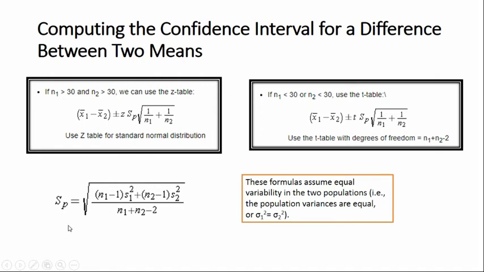Pooled standard deviation formula: n1 minus 1 times the square of the standard deviation of the first group, plus n2 minus 1 times the square of the standard deviation of the second group, upon n1 plus n2 minus 2, then square root. These formulas assume equal variability in the two populations. Friends, when your assumption of homogeneity of variance is fulfilled, only in this case will we use this formula.